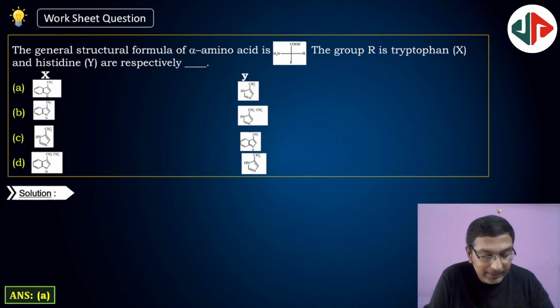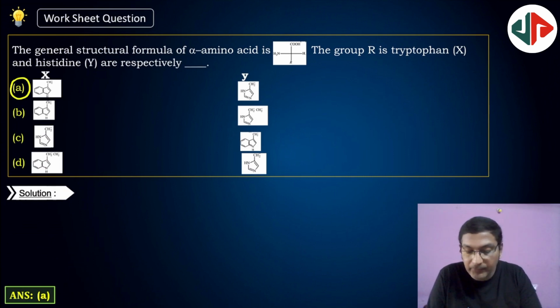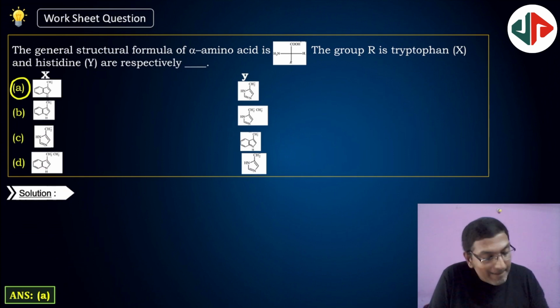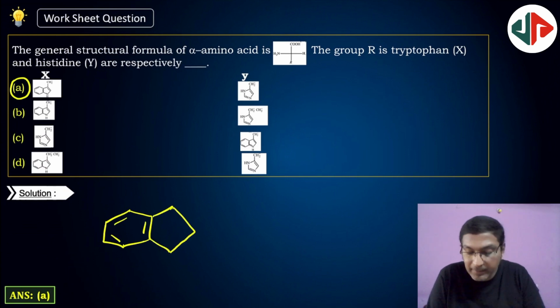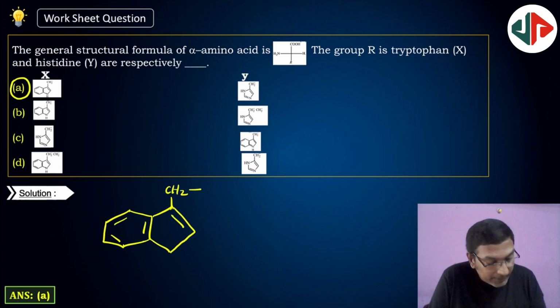Next. So general structural formula of alpha amino acid is given. The group R is in tryptophan and histidine. So direct the question. Option A. So here benzene ring, and here 5-member ring. Here CH2 and here NH.